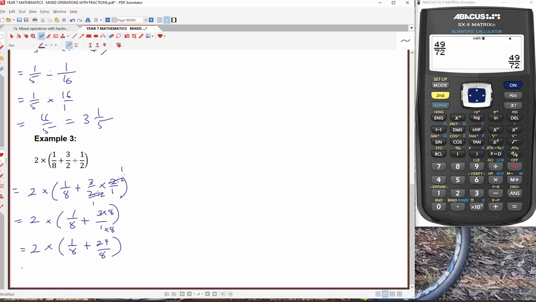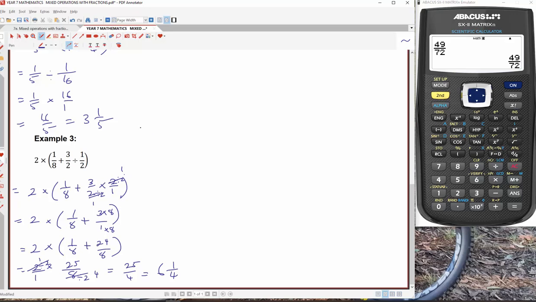Now I can finish off the brackets here, which is 2 times 25 on 8. Now with multiplication, we can put that over 1. We can simplify going across 1 and 4. So our answer is 25 on 4, or 6 1/4.